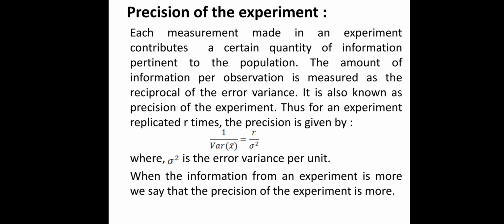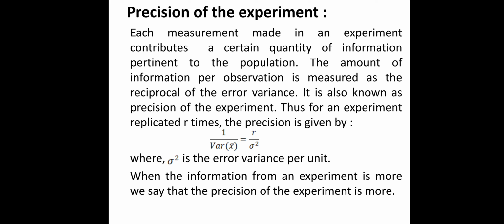Each measurement made in an experiment contributes a certain quantity of information pertinent to the population. The amount of information per variation is measured as the reciprocal of the error variance. It is also known as the precision of the experiment. Thus, for any experiment replicated small r times, the precision is given by this.